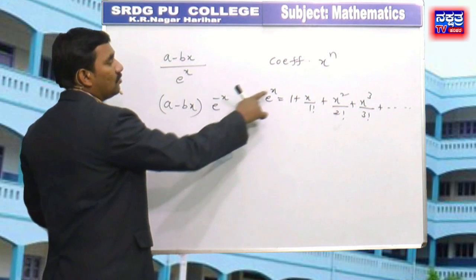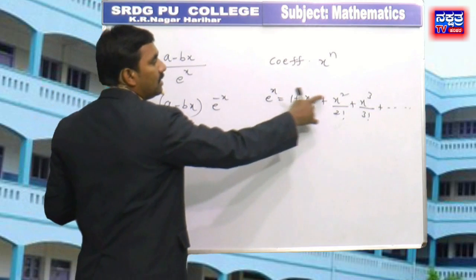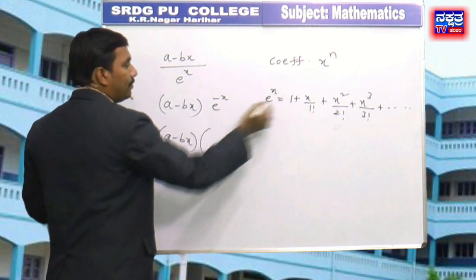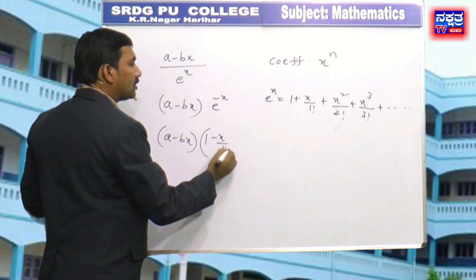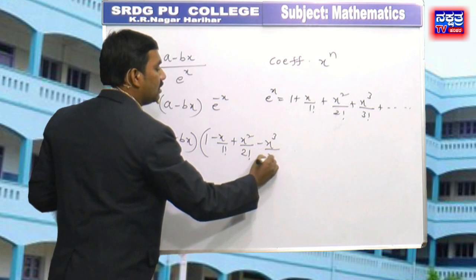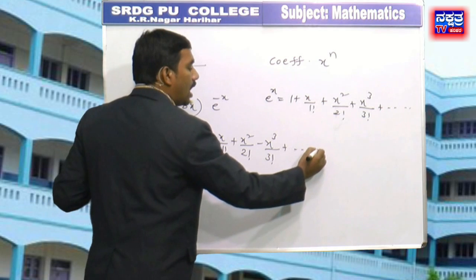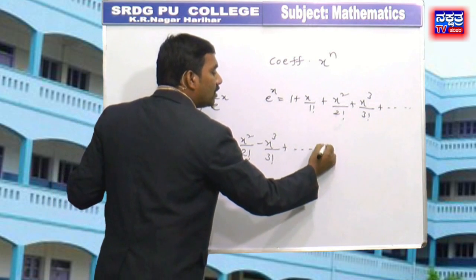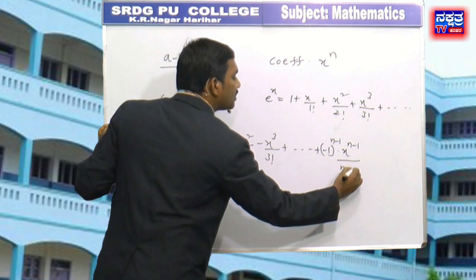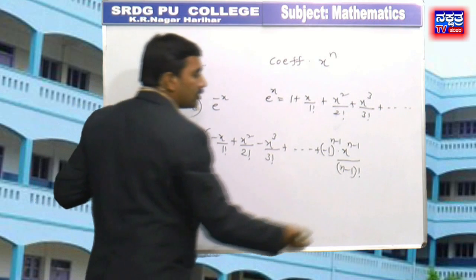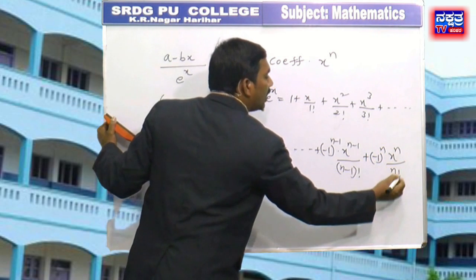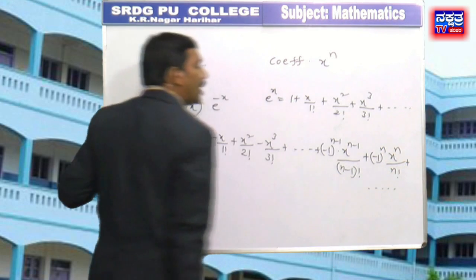Like this. In place of x, what we have here? -x. If you replace x with -x, then (a - bx) into, it will become 1 - x/1! + x²/2! - x³/3! + so on, up to, you take some terms, (-1)^(n-1) x^(n-1)/(n-1)!, and the nth term also you take, plus (-1)^n x^n/n! plus so on up to infinity.